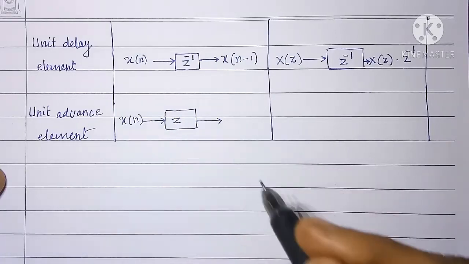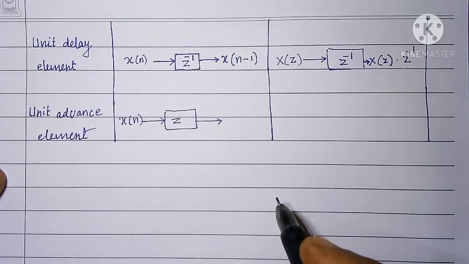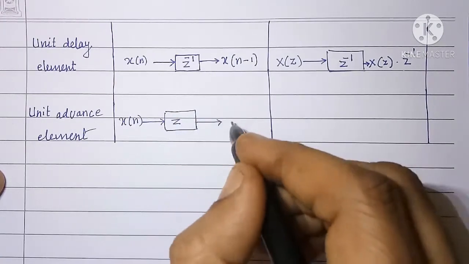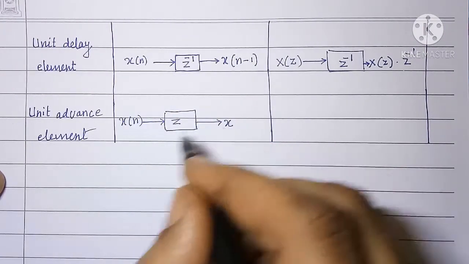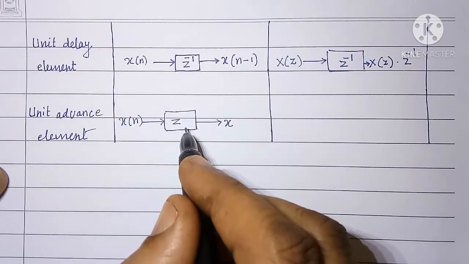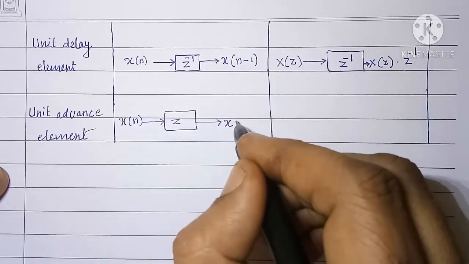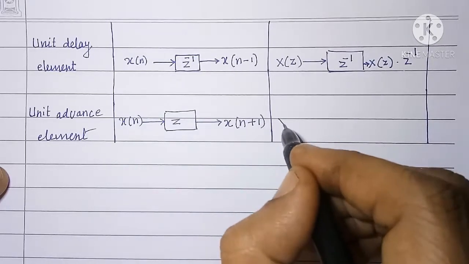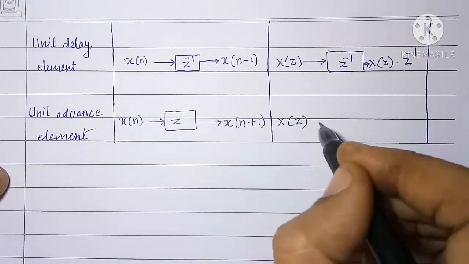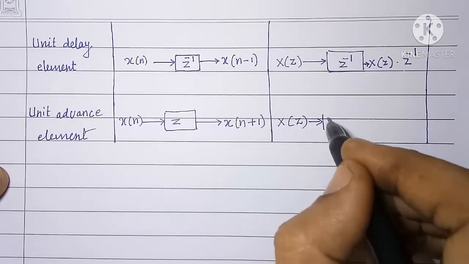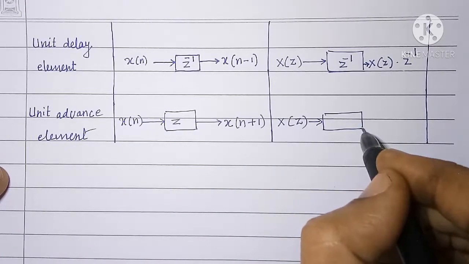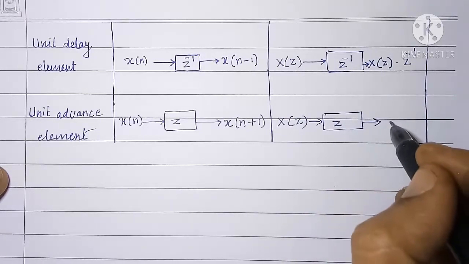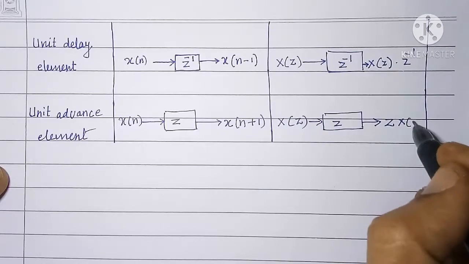But here inside the box we write z raised to 1. Z raised to 1 is z only, so we will simply show here z. If input is x of n to this advance element box, then output will be equal to x of n plus 1. Similarly, if input is x of z in z domain to the advance element box, then output will be z into x of z.